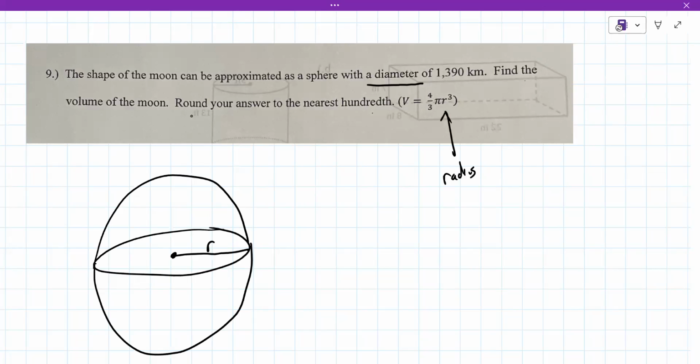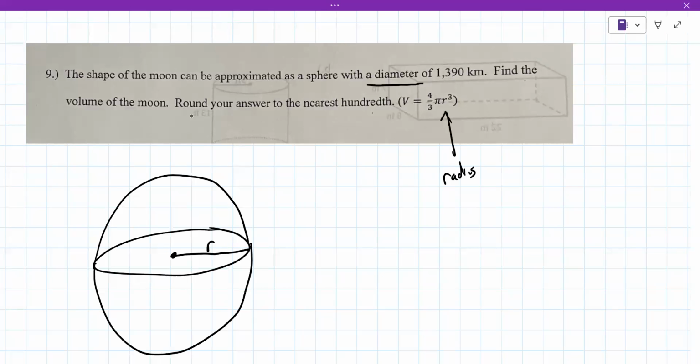So how do we convert the diameter to the radius? Well, we have to calculate by using the formula right there. I'm asking you how to calculate the radius from the diameter.